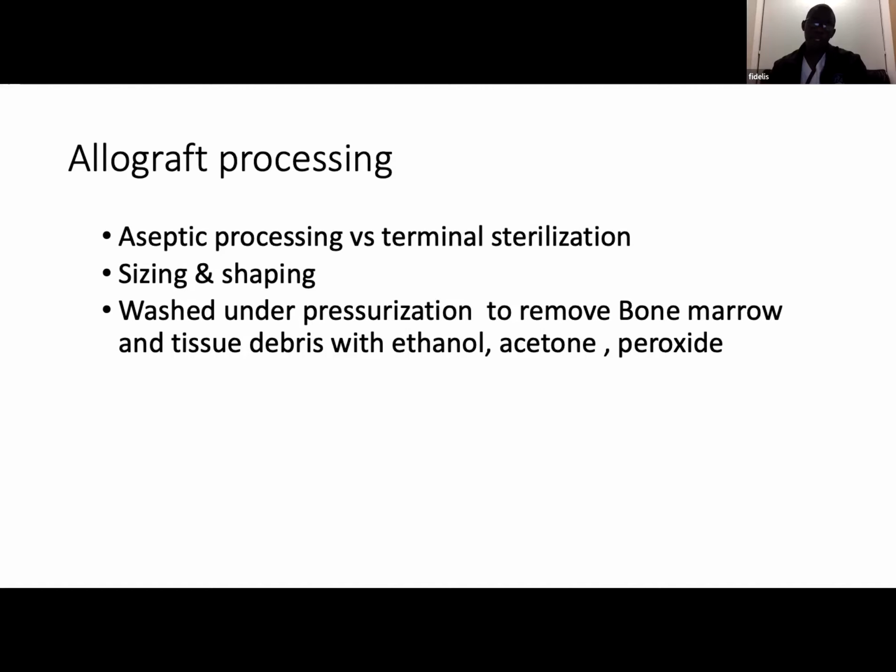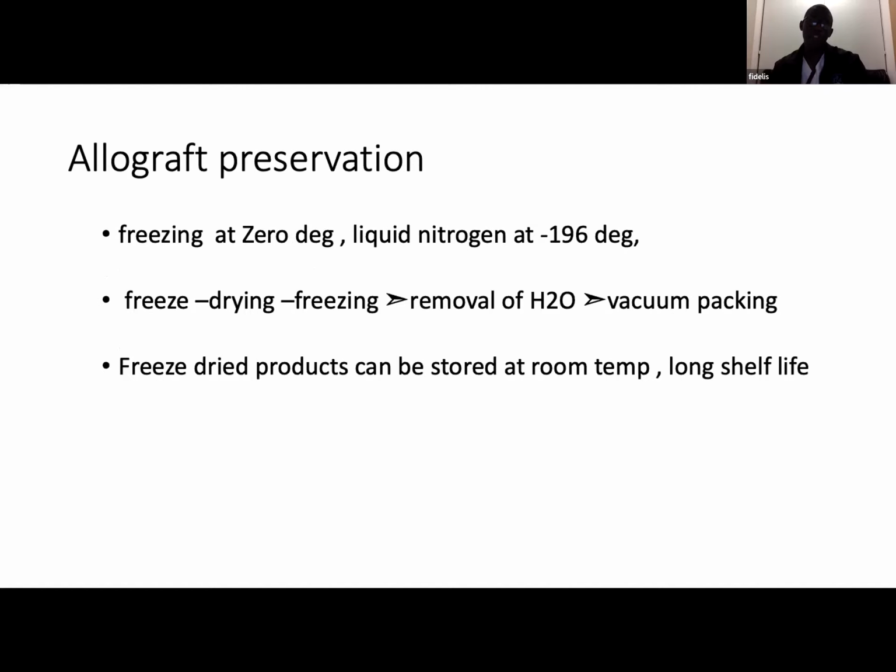And then in terms of preservation, there are a couple of ways of doing it. So either freezing at 0 degrees, or freezing using liquid nitrogen at -196 degrees. And then commonly they use freeze drying.